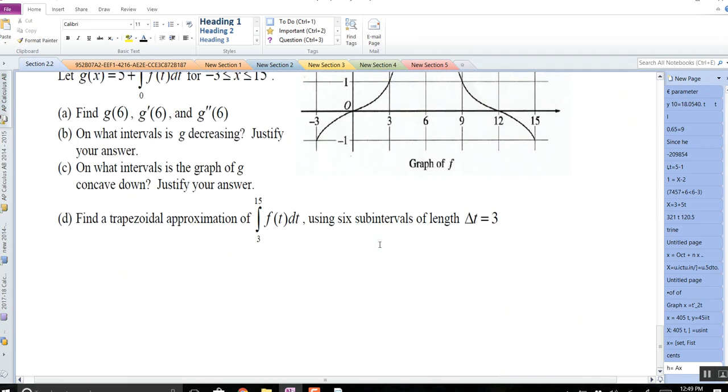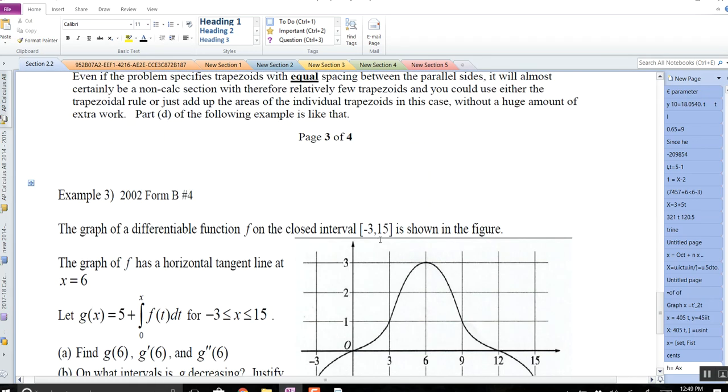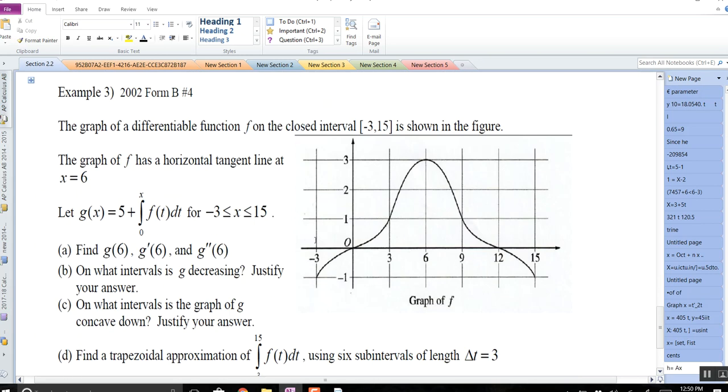Okay. We'll do one more problem. Even if you have equal spacings, it's still good to kind of just follow this technique we talked about and compute each one separately. So in this case here, we're going to plug in 6.